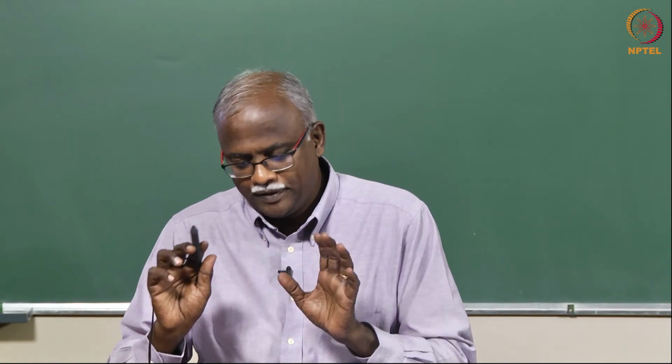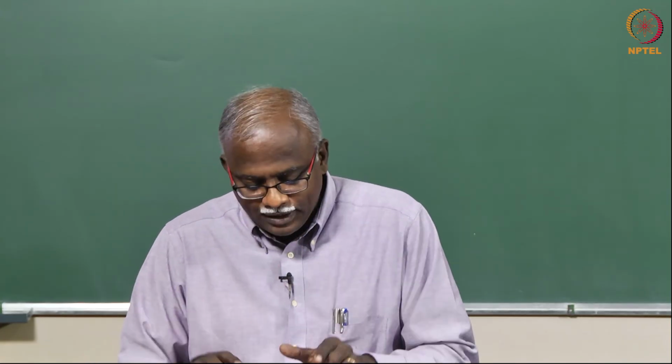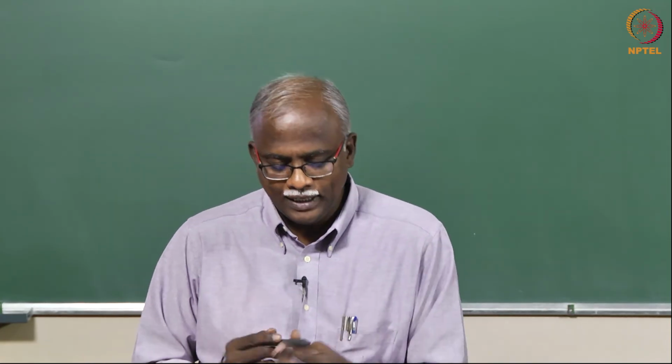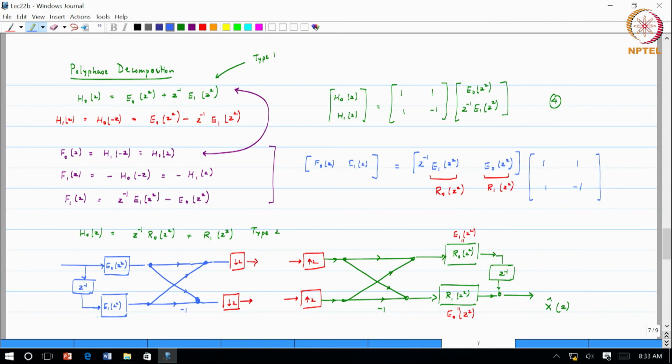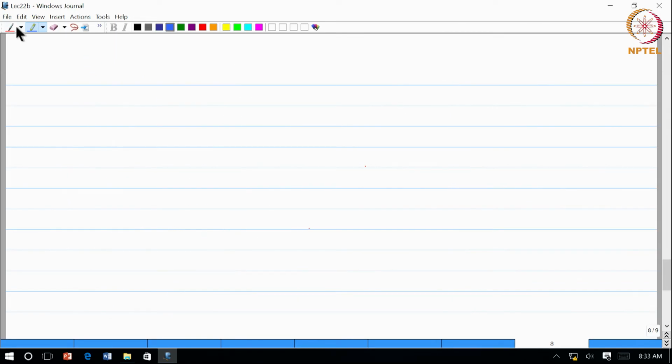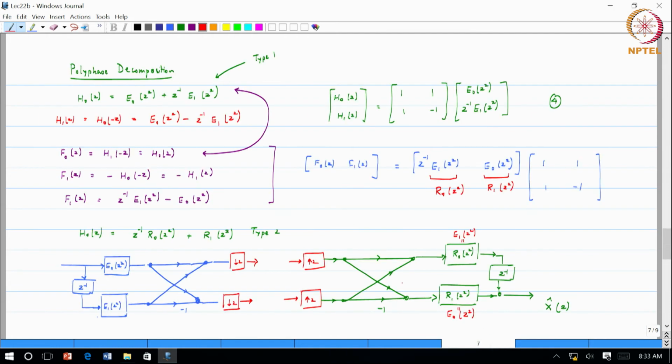So, you say, okay, that is good insight, but let me just go back and say that under this condition, if we went back to our original equation, the original equation, if you recall, said that T of Z, what was it equal to? H naught of Z, F naught of Z plus H1 of Z, F1 of Z. We are guaranteed that aliasing is cancelled here, right. So, why worry with this downsampling and upsampling?